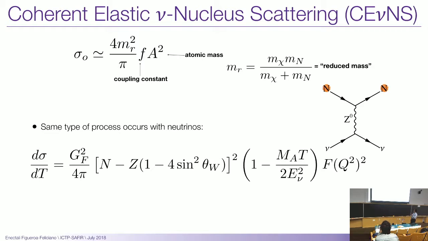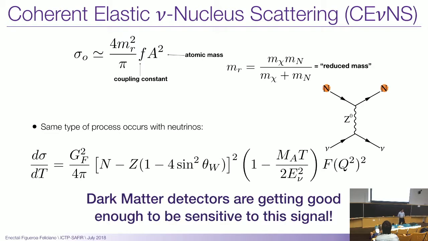And we talked about the spin-independent coherent interaction. You have the same type of process with neutrinos. So this is going to be our dominant interaction for a dark matter detector, something that will make a signal that looks like dark matter. So if you get a dark matter detector that is sensitive enough, we'll be able to see this interaction.